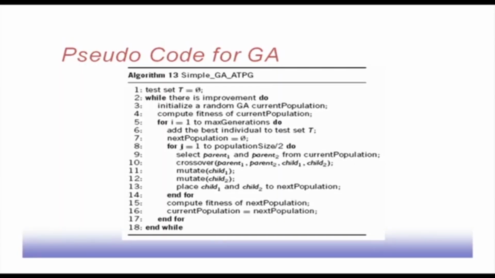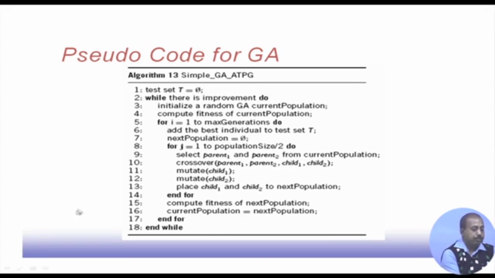So, what we do is add the best individual to test set T. In generation 0 we have generated one random population set. From the random population set, after computing fitness, we get the best fit individual. That best fit individual is added to the test set T, so T now has one individual, or one chromosome, in it. Then we compute the next population. This set is initialized to null, and then we try to create new individuals to put into the next population set.